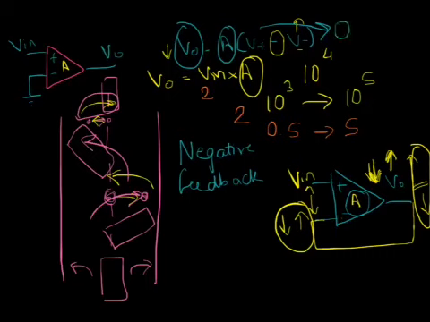So we can make the two terminals equal, and that helps us for analysis as well as for design, and we want that to be true. That's why we make A as large as possible. But besides that criteria of being as large as possible, we don't really care whether it's 10 raised to 4 or 10 raised to 5 or 10 raised to 6 or any other large number. And that makes the designs of operational amplifiers a lot easier, and that's basically the revolutionary idea which made operational amplifiers so popular.